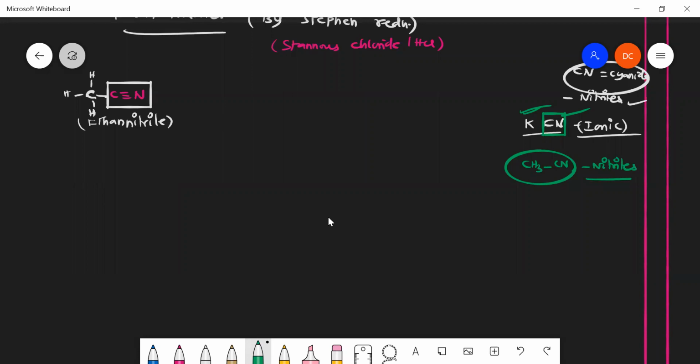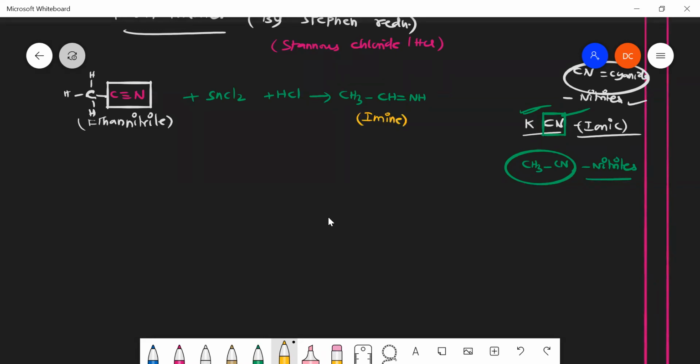Okay. Right. So here ethyl nitrile will be reacting with SnCl2 and HCl. What kind of product can I get? Initially, I can get an intermediate product like this: CH3CH double bond NH. This is nothing but imine.